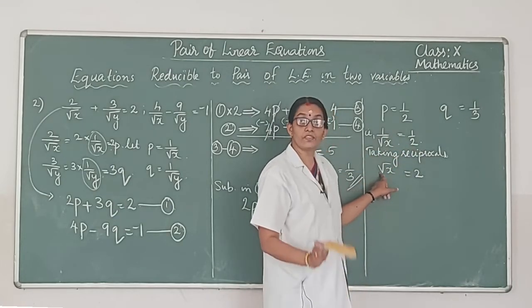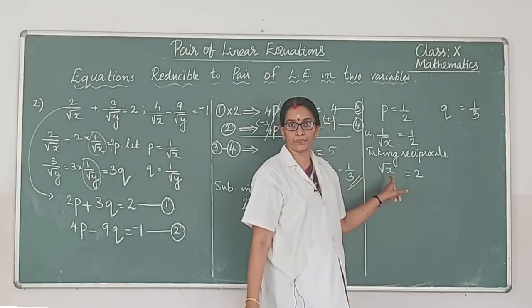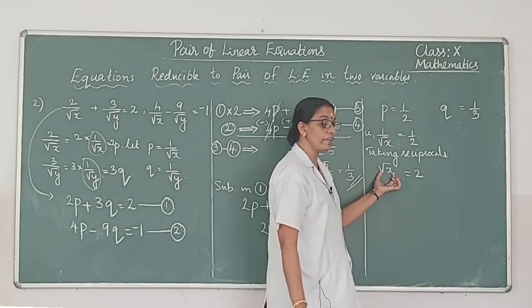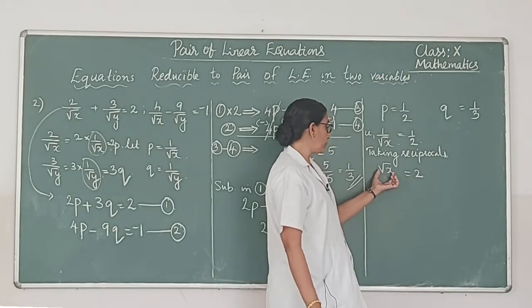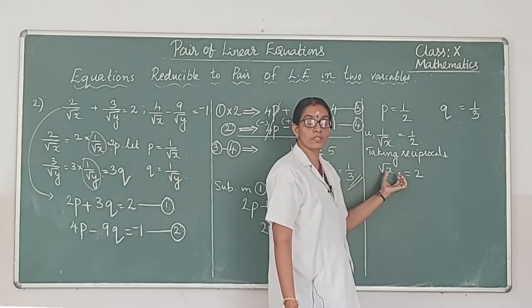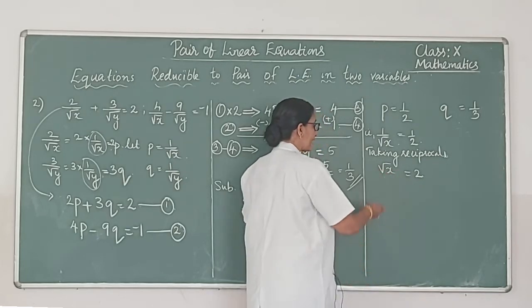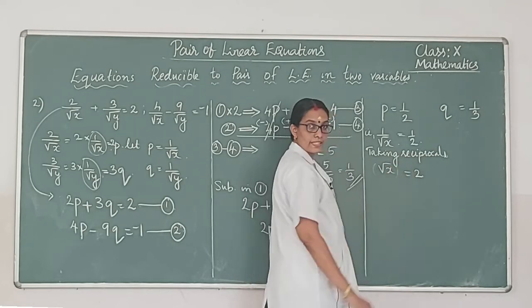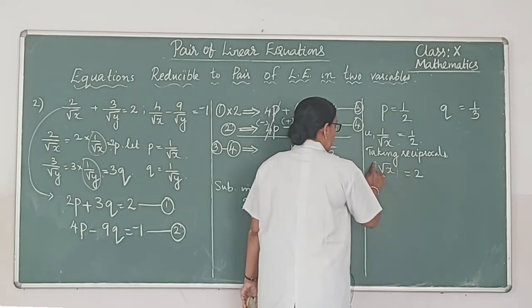But we need the value of x. If root x is equal to 2, how will we get the value of x? From root x, how can we have x? We have to square. If we are taking the square of this root x, we will get x. Isn't it? So what we have to do?